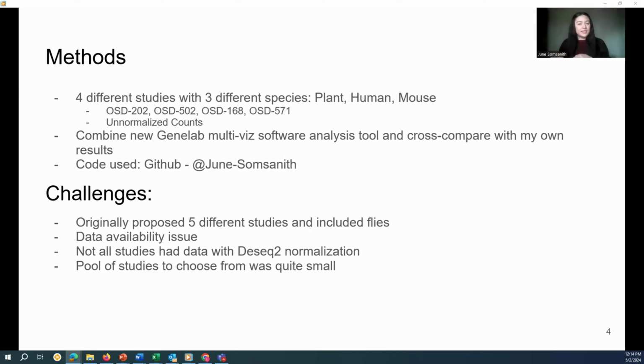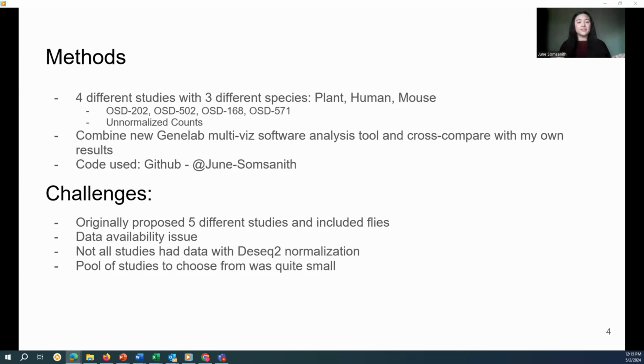I also conducted a DNA methylation study as well, but that's on my GitHub page for a more in-depth look at the 2 different factors. Also, the GeneLab multi-visualization software uses data that has the DESeq2 normalization, and not all the studies I was interested in had that.